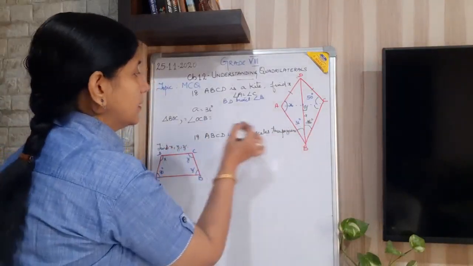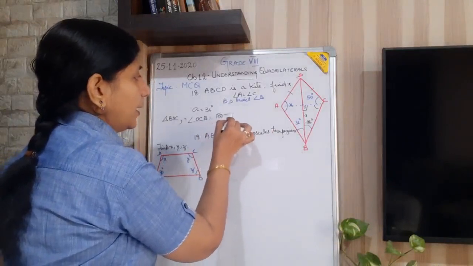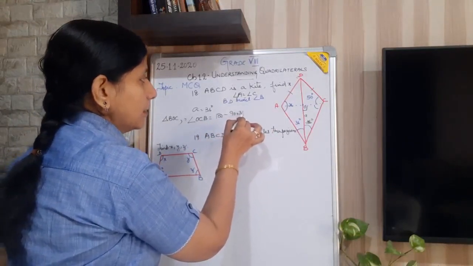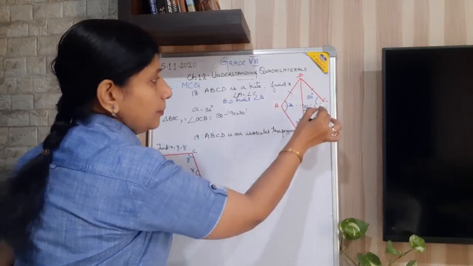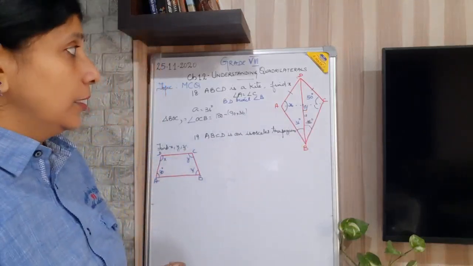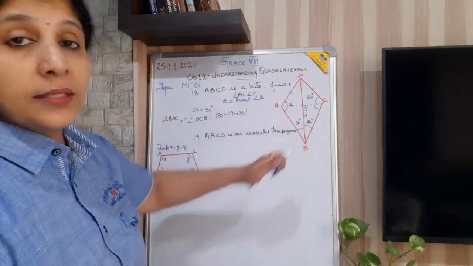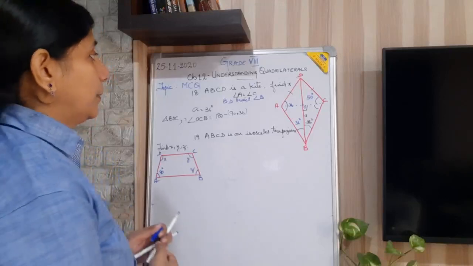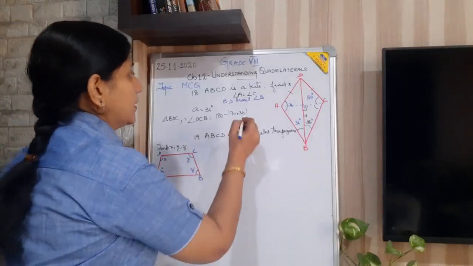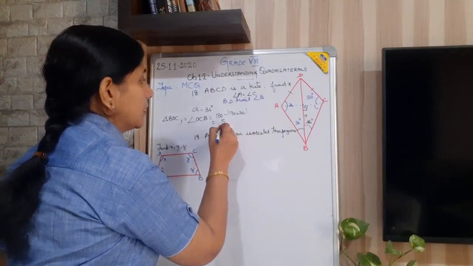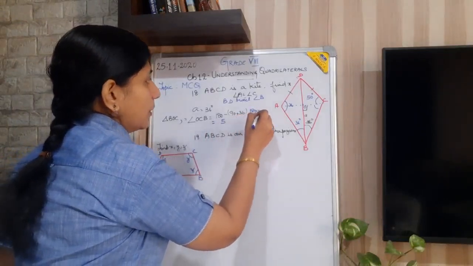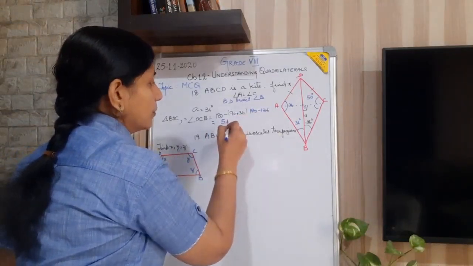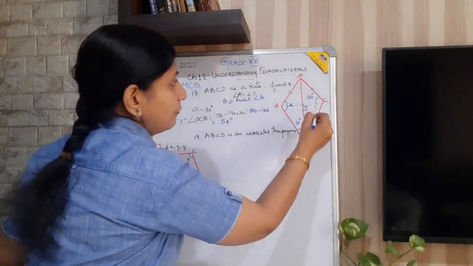This is 90 and this is 36. So 90 plus 36 is 126. So 180 minus 126 is 54. So you got this as 54 degrees.